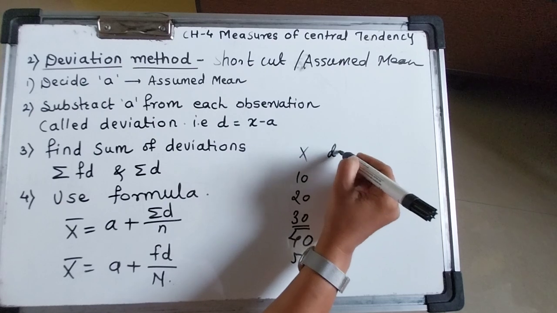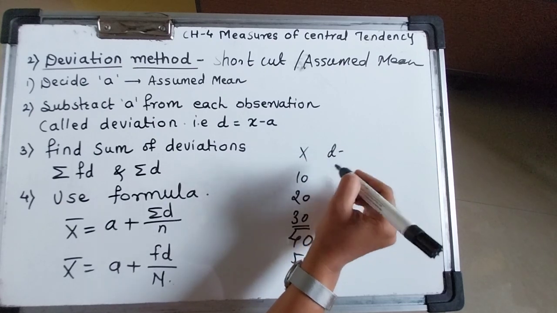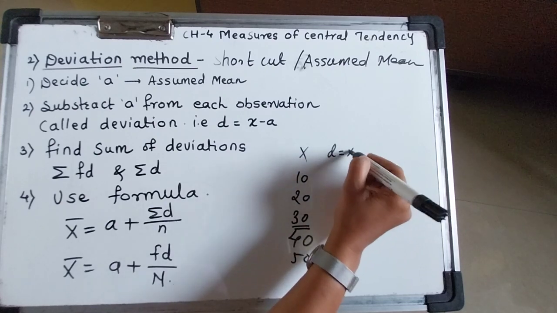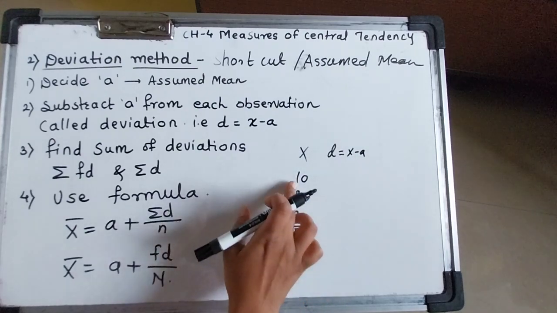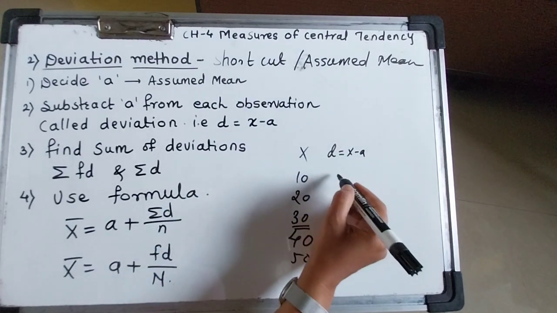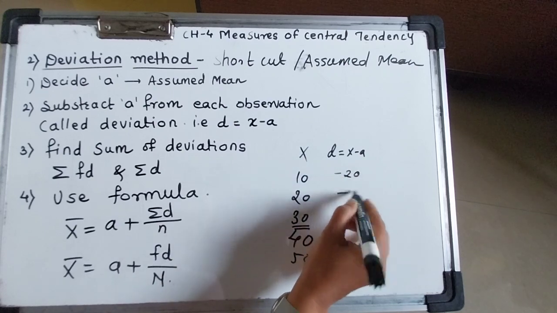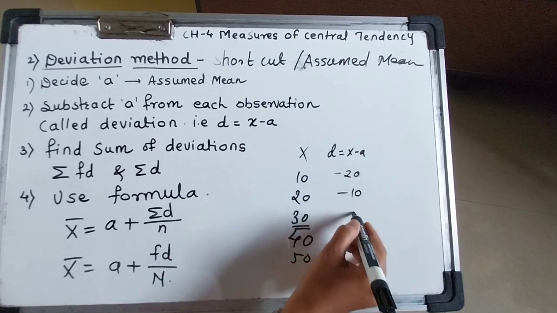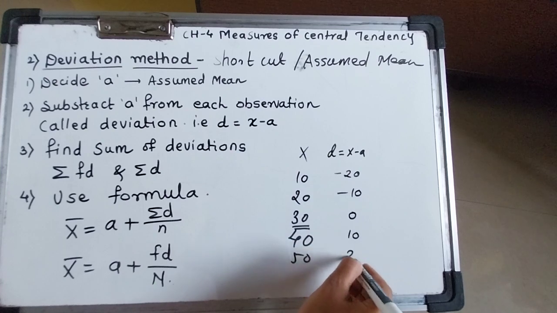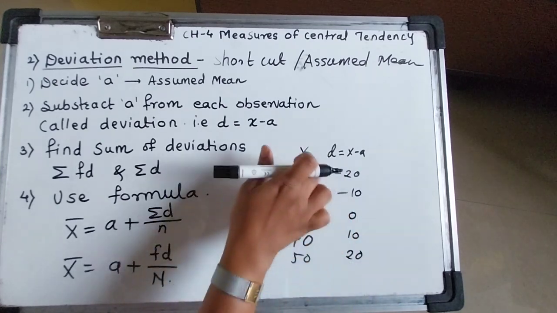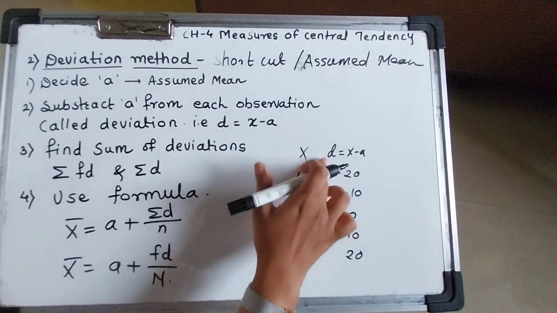Then deviation is denoted by small d. Small d is equal to x minus A, means 10 minus 30, which is minus 20. Here minus 10, here 0, 10, 20. This is the deviation. We call it D.